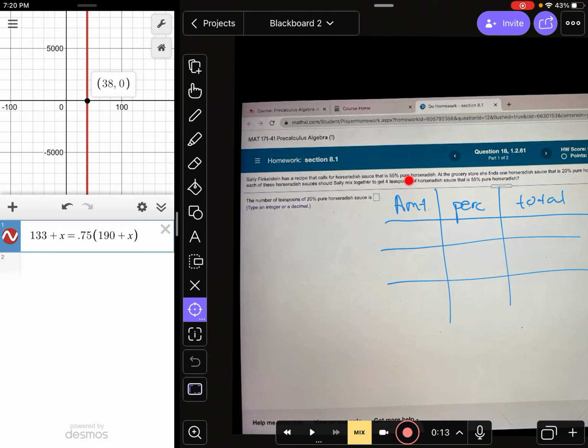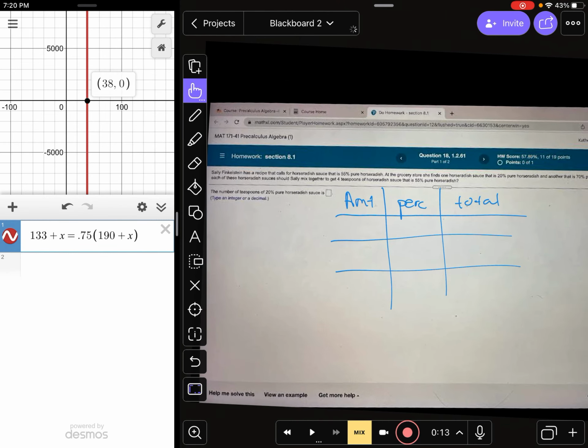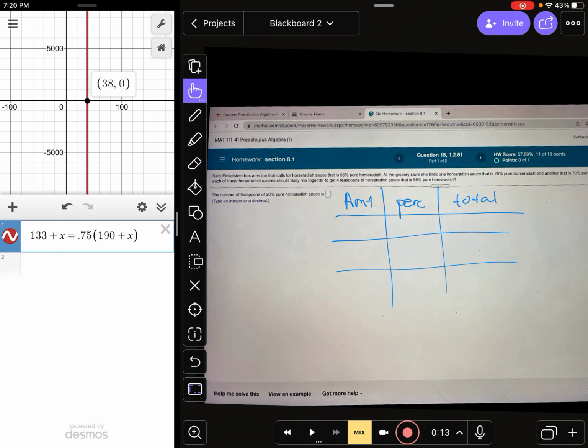It calls for a horseradish sauce that's 55% pure horseradish. Well, we don't need that quite yet. It's hard to move this little thing around. So the final has to be 55% pure horseradish. We'll get that in a second.